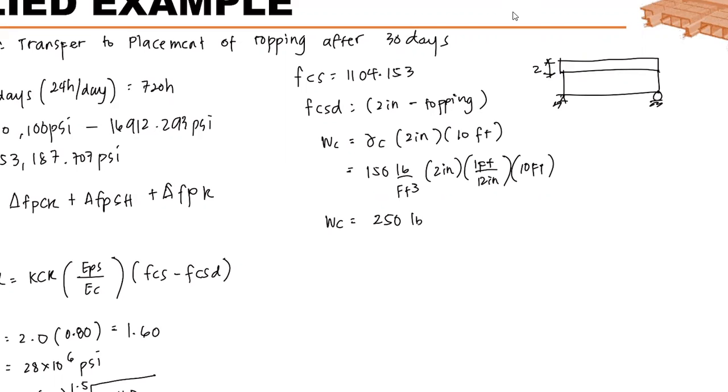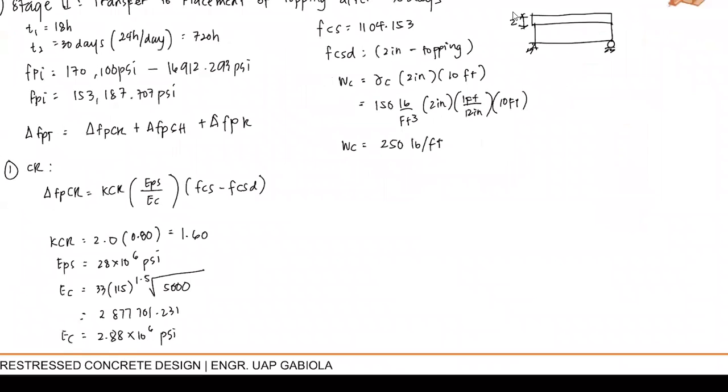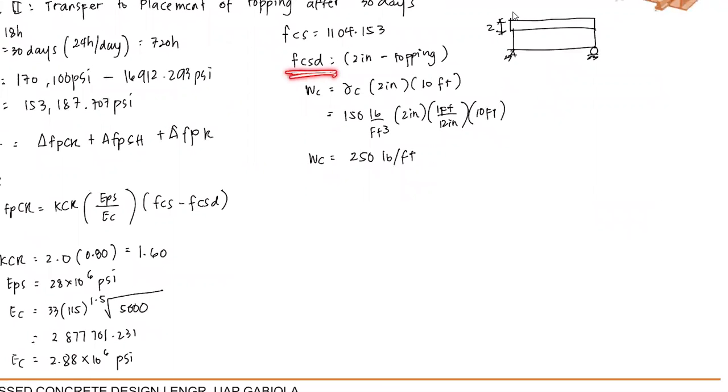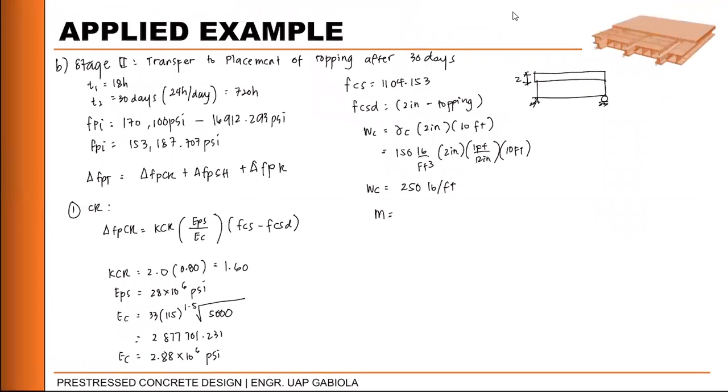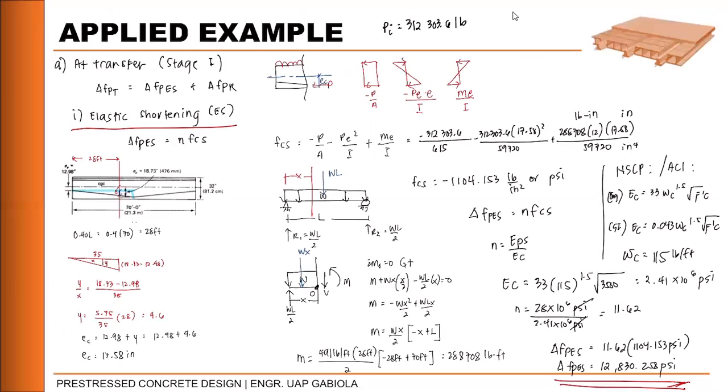That is 250 pound per feet. Okay? Kailangan natin ng moment kasi kailangan natin ng stress. So moment natin based from our derivation from the previous lecture, gamitin natin tong formula for moment, galing sa structural analysis.